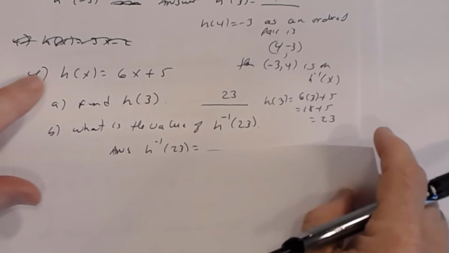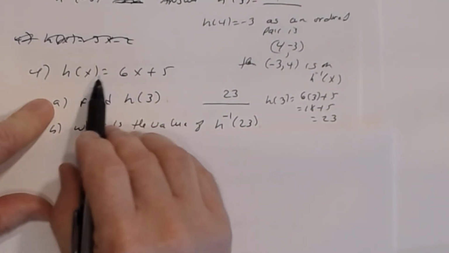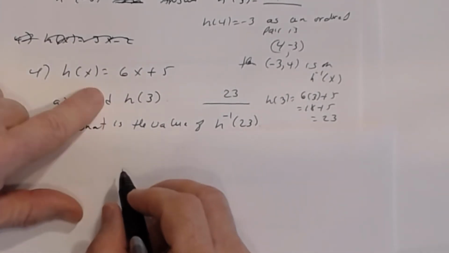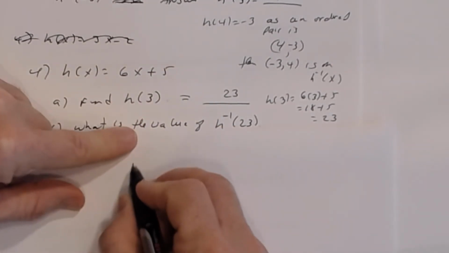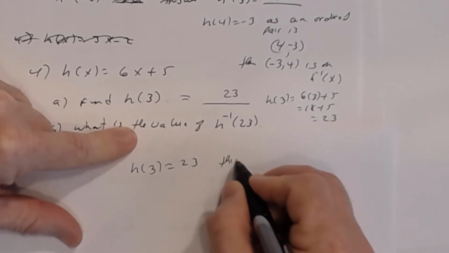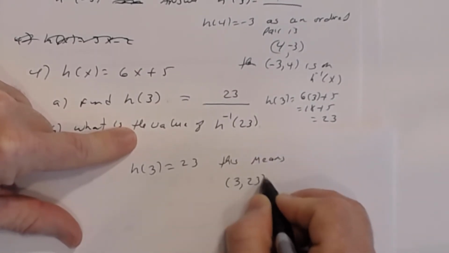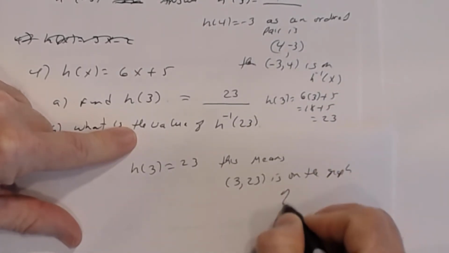First of all, you know this is a line that rises, so h is a one-to-one function, so it's going to have an inverse. What we just found is h of 3 equals 23, which means (3, 23) is on the graph of h of x.